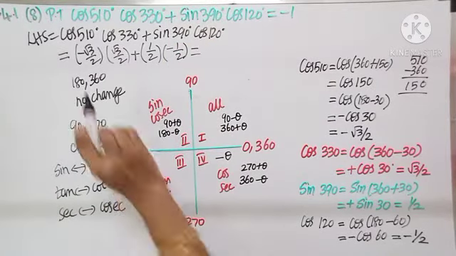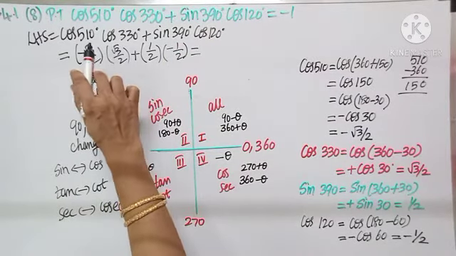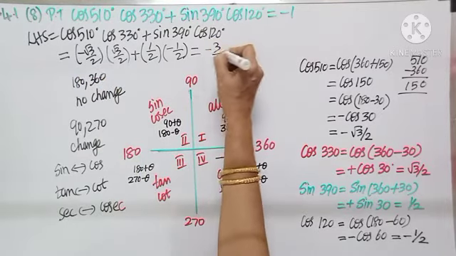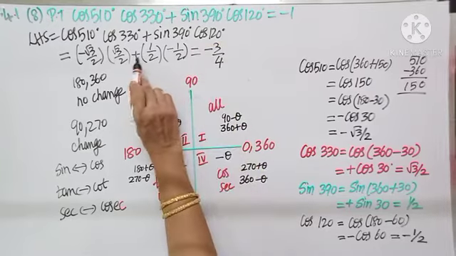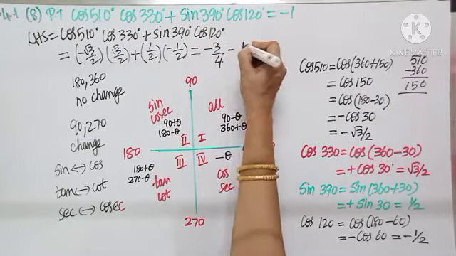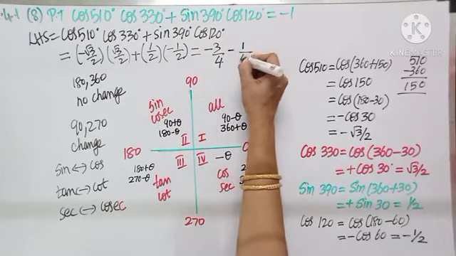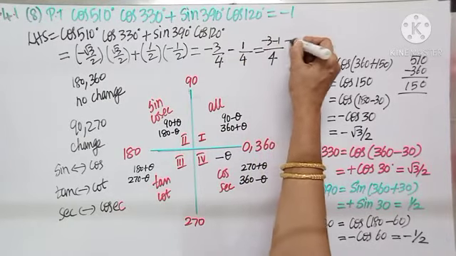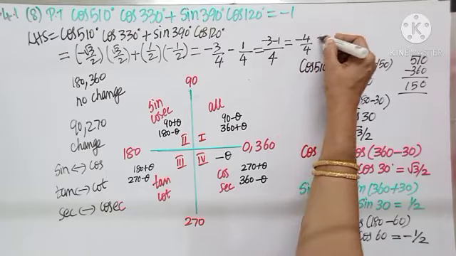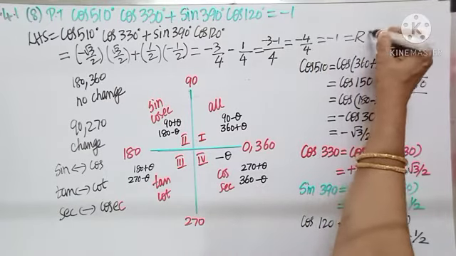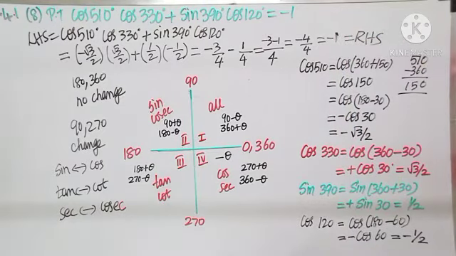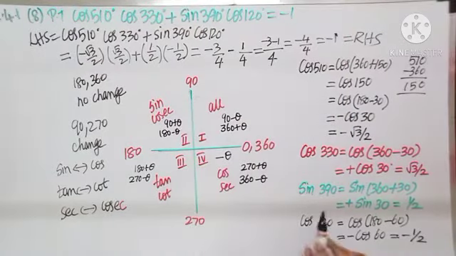As we simplify, root 3 into root 3 is 3, 2 twos are 4, symbol negative. Minus 3 by 4, again plus into minus is minus, 1 into 1 is 1, 2 twos are 4. LCM 4, the numerator is minus 3 minus 1, minus 4 by 4, that is minus 1, which is the RHS. So we have proved the given result again using the quadrant rule.